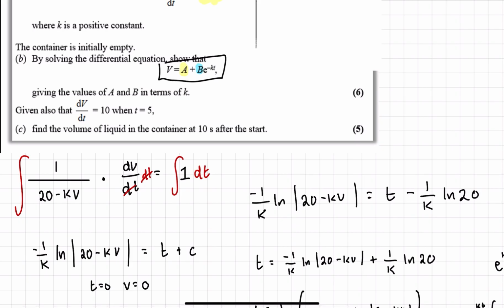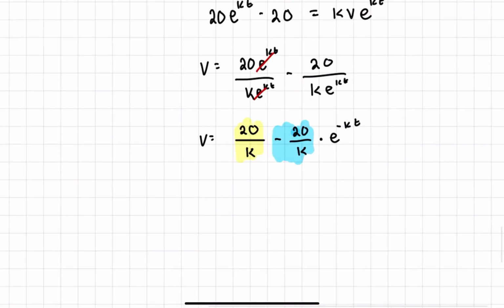What is the volume of the liquid in the container at 10 seconds after the start? And we're given that dv over dt equals 10 when t is 5. So let's see, what are we doing? Well, we've got the volume here.